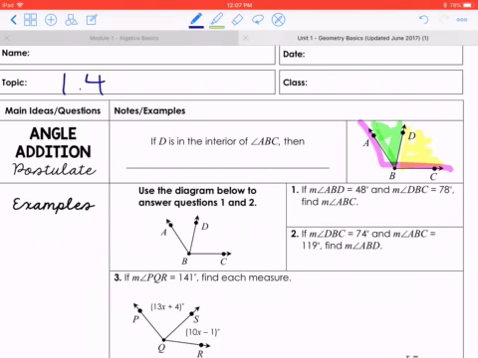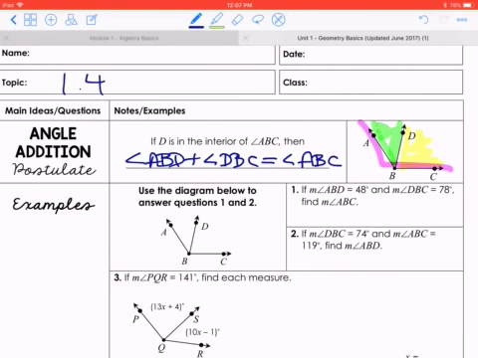If you add those two smaller ones together, they have to equal the total. So I have angle ABD plus angle DBC, and it has to equal the total, or the large angle, which would be angle ABC.